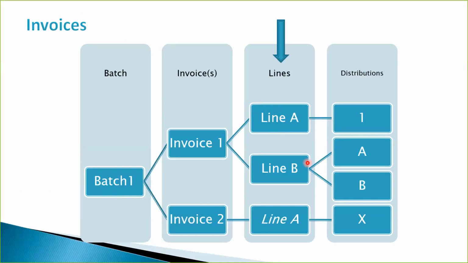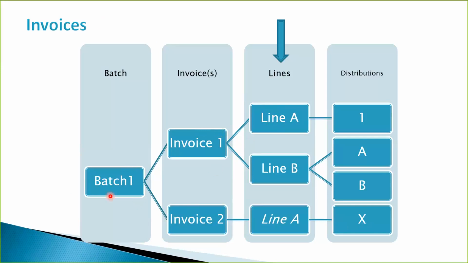So normally when we enter an invoice, the way we have been doing it in most of our examples, we have a batch, we give the batch a name, then that batch will have one or two invoices, okay? Then after we enter the information in the invoice header, we go down to the line section. And most of the time, we have been entering our invoices like this, if you follow the path of invoice number 2.